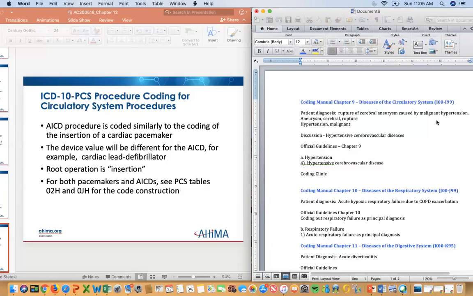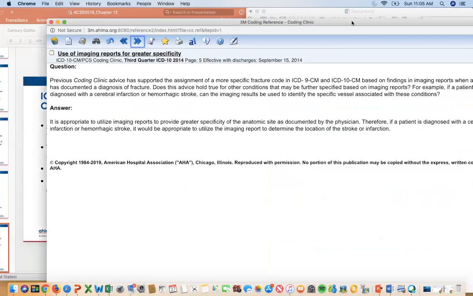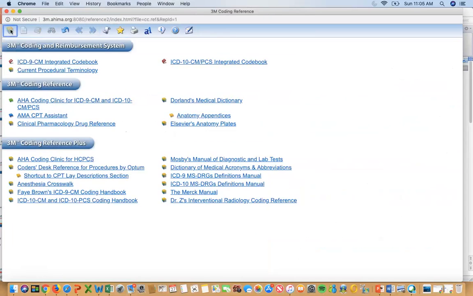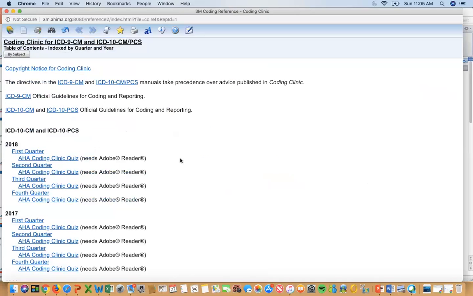Underneath, you'll see that we have the AHA 2014 third quarter, page 5. So what I have done, if I can find it, and it will come back up. I've actually, and some of you may have access to the resources on the encoder, and maybe not in this class, but eventually. So just to kind of follow through and give you the big picture, I'm hitting the AHA Coding Clinic, American Hospital Association Coding Clinic.